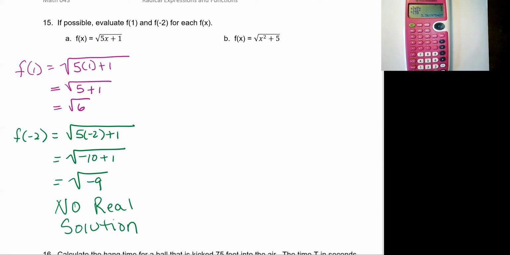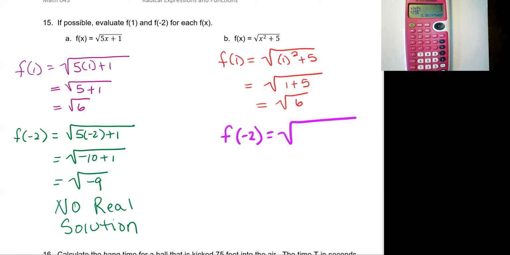So let's try example B. So we have the square root of 6 and f of negative 2.